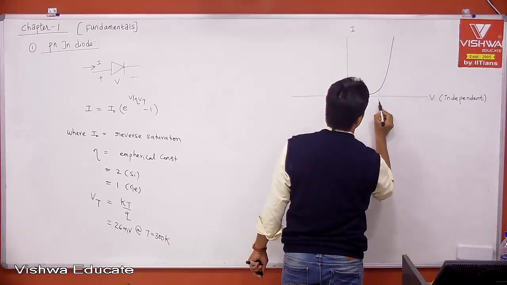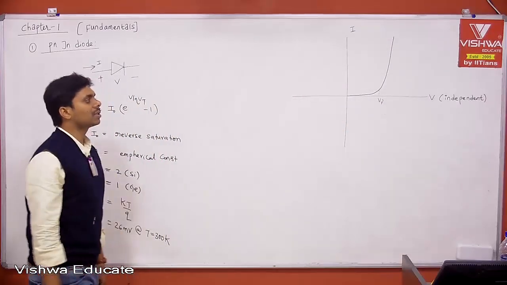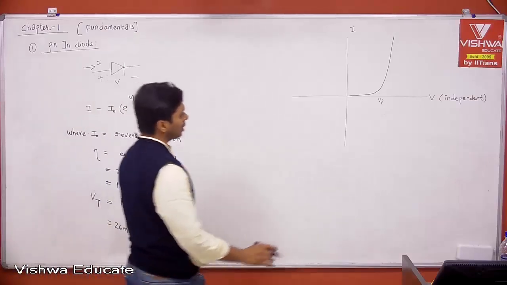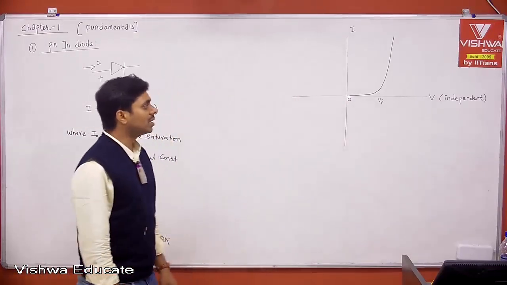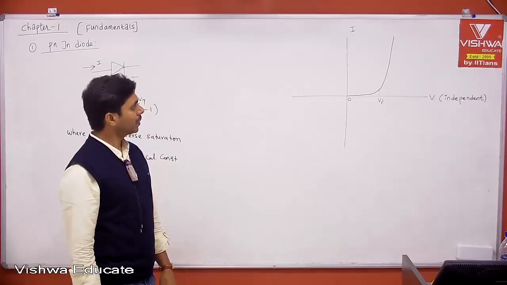You can say this is V gamma, the voltage where you see significant current. That is what is called forward bias, when the voltage is greater than or equal to 0 and the current is significant when V is greater than or equal to V gamma. Right?